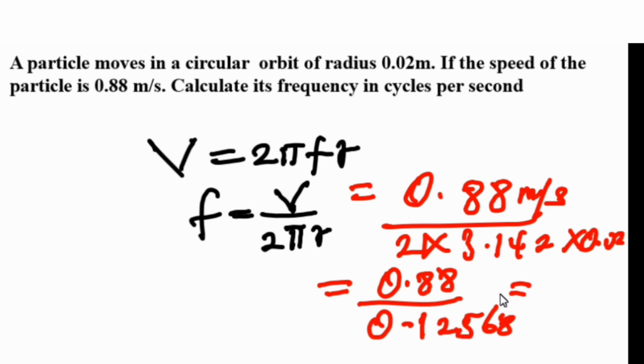When we divide 0.88 by 0.12568, we now have 7. This is in cycles per second. Of course, you know that frequency is in hertz, but it has another unit as cycles per second.